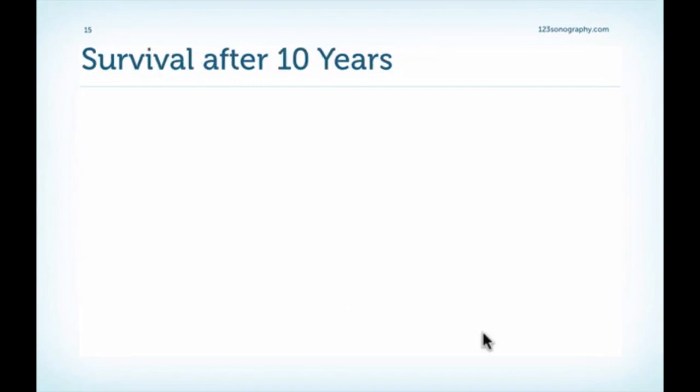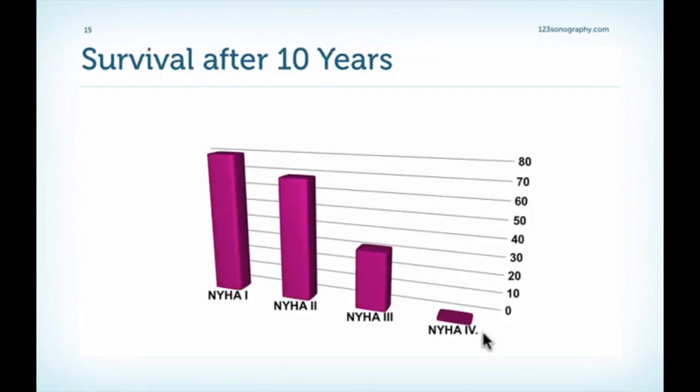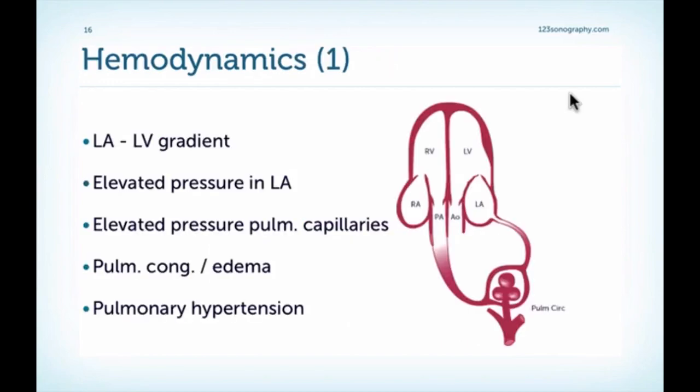The survival of the patient greatly depends on the degree of symptoms. If patients are mildly or almost asymptomatic, they have a very good prognosis. However, if patients are in New York Heart Association class 3 or 4, they definitely need some form of treatment. What are the hemodynamics behind mitral stenosis?